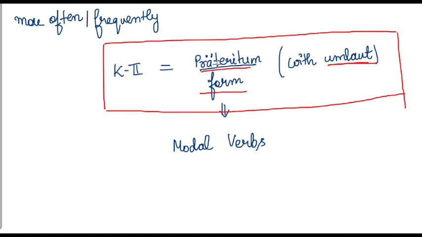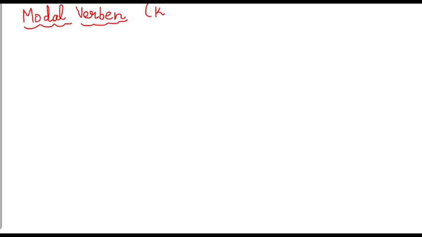Now let us do a comparative analysis here. First I am writing Präsens. Here we are going to see the Konjunktiv II form of the modal verben and how it is constructed.